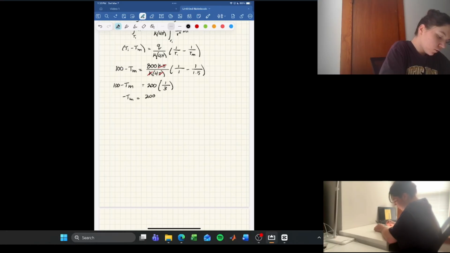This is 200 over 3 minus 100. If you wanted to have a common denominator, it's going to be 300 over 3. So when we subtract, this is going to be negative 100 over 3, and then the negatives cancel. So at the end of this, we have that the temperature at the midpoint is 100 over 3 degrees Celsius.